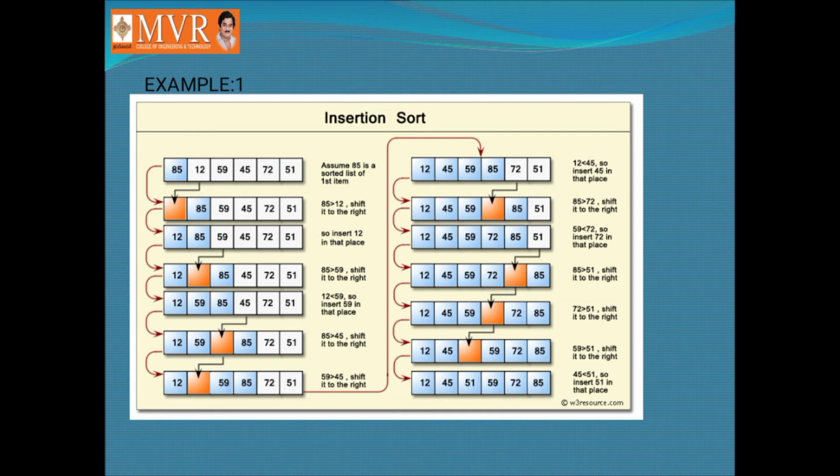And after that, go to the next element and compare it with the next element, that is 51. After comparing it with 51, 51 is smaller than 85. So 51 should move front and 85 should go back. The same procedure is repeated with the other elements until the list is brought to sorted order.